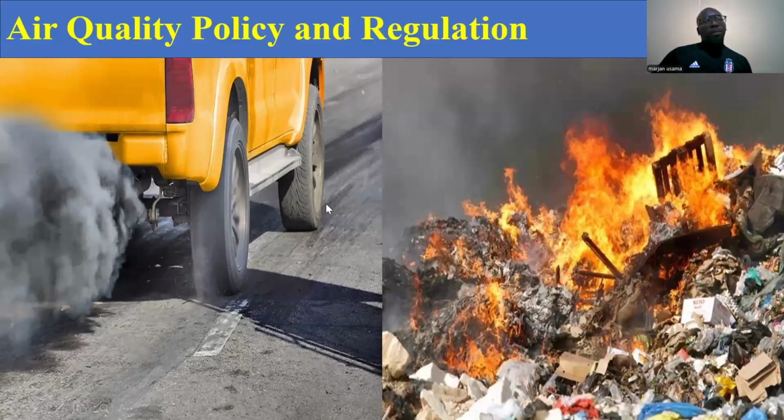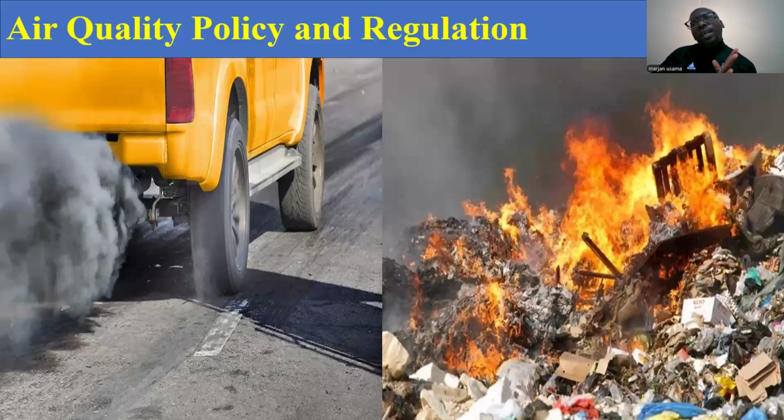Okay, on to our next point. Our next point in environmental health is what is known as air quality, pollution, and regulation. So we normally have the cars polluting the environment, and sometimes we normally burn the waste, which also pollutes the environment.